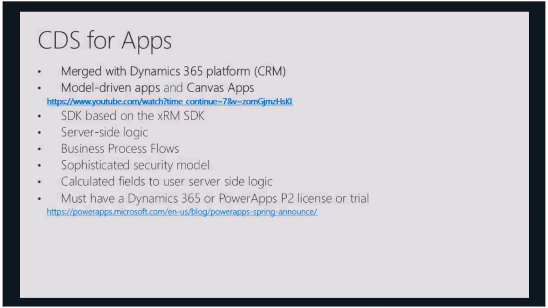SDK, we don't need any independent SDK anymore. We use the good old proven XRM SDK from CRM, as well as we introduced a few other highly sought features like server-side logic, business process flows, a better security model, and other features that will help developers work with CDS for applications and data inside it.